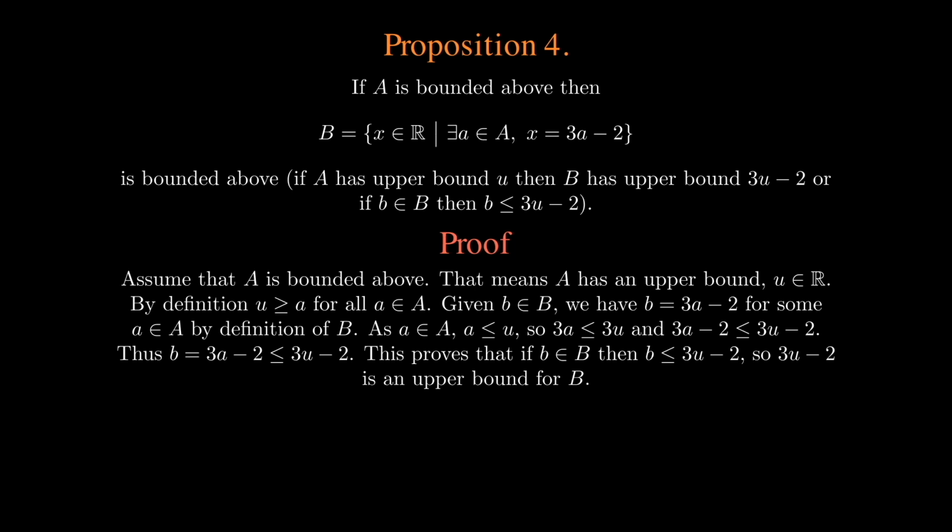We then can manipulate the fact that all elements in A are less than or equal to u to get that 3a minus 2 is less than or equal to 3u minus 2. Since we know that b is equal to 3a minus 2, we have that b is less than or equal to 3u minus 2. Thus, 3u minus 2 is an upper bound for b.